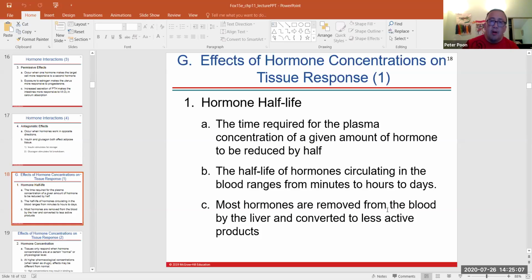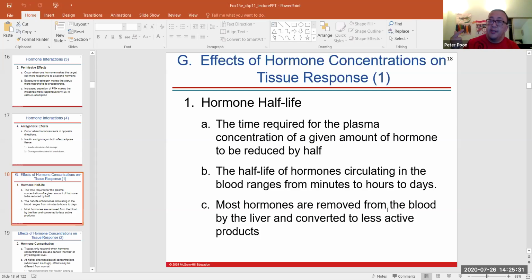All right, hormone half-life. Anytime you release a hormone, you don't want it there forever because that wouldn't work, right? So you want hormones to be in solution, and then you want the hormones to eventually tamp down and disappear. And if you need more, you just make more.